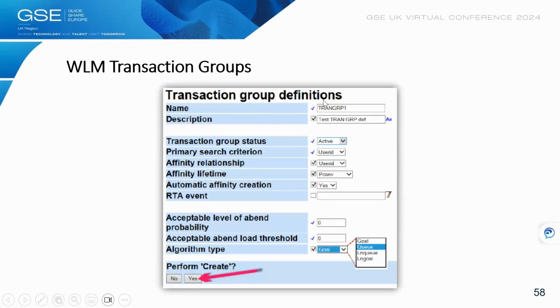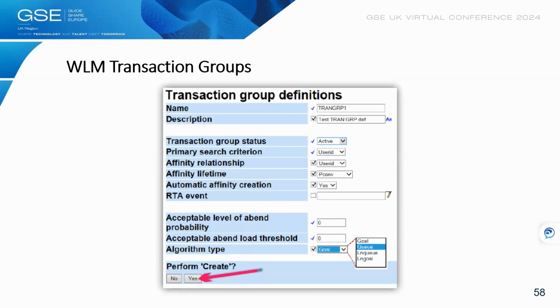And in terms of the group definition, this is going to house a bunch of transactions, and you can see the transaction that it's going to, how is it going to separate out the workload? It's going to use an affinity lifetime of pseudo conversation. So it's going to maintain an affinity for a pseudo conversation. And I can actually specify tran 1, 2, 3, and 4 as part of my conversation.